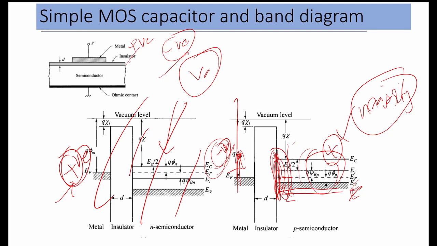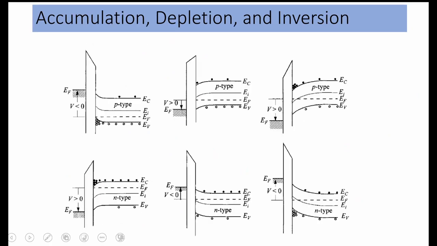The bands will move up at this junction when V is negative, because holes from the semiconductor are accumulated at this position.